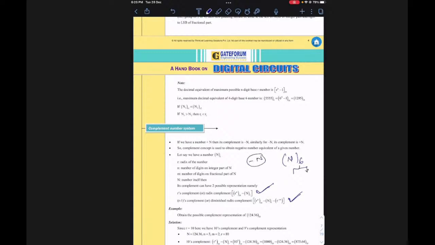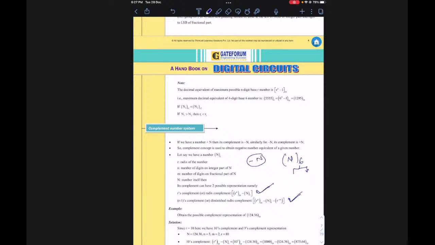As I said, the complement number system is used to represent negative numbers. So this minus N can be represented in two ways: one is called the r minus 1's complement, and one is called the r's complement.